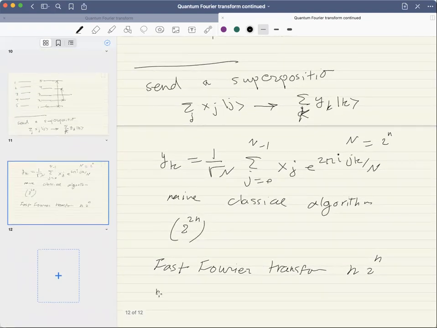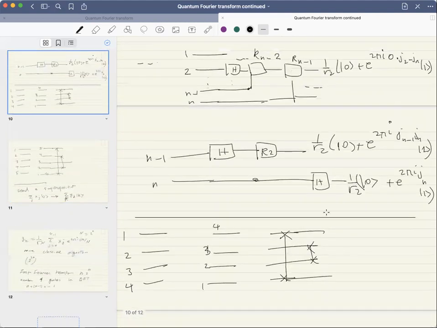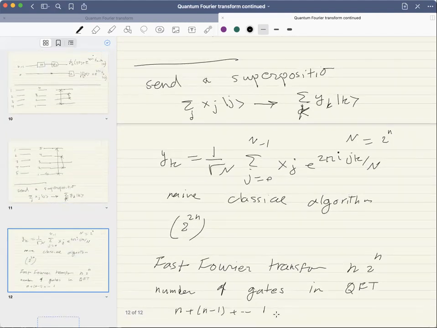So the number of gates in the quantum Fourier transform seems to be something like n plus n minus 1 going all the way to 1. The last one only has one Hadamard. So that adds up to n times n plus 1 over 2. Then there's another n swap gates. So it seems it's quadratic plus some linear correction.